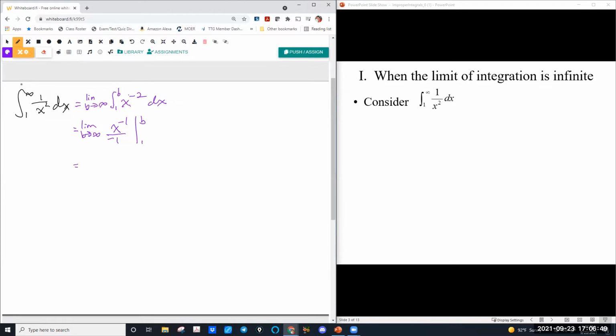That negative, you can write it out front, or you can even pull it out in front of the limit if you want. What we have is the limit as b goes to infinity of negative, and if you want, you can rewrite this as a rational expression: x to the negative 1 is 1 over x, from 1 to b.